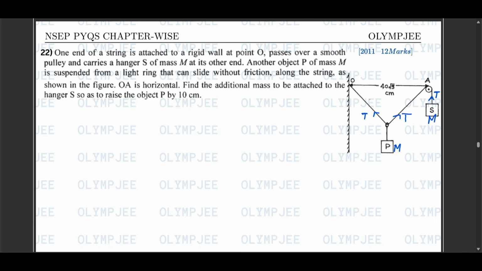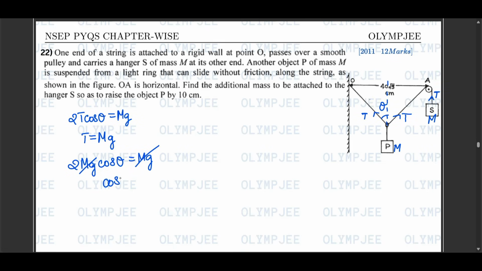So we can write the equations that this angle I am assuming as theta, so 2T cos theta will be equal to mg, right? And also T is equal to mg. So we will get that 2 mg cos theta is equal to mg.